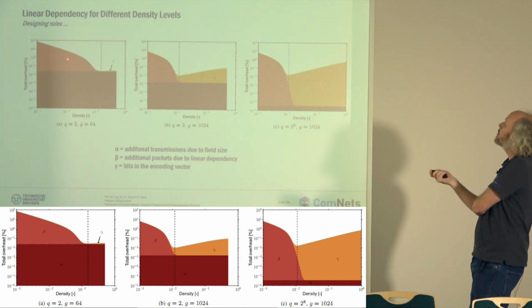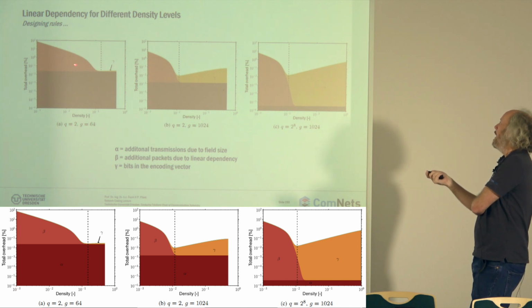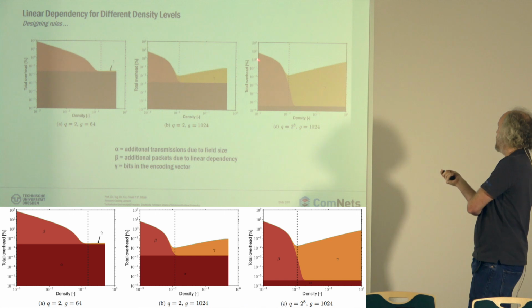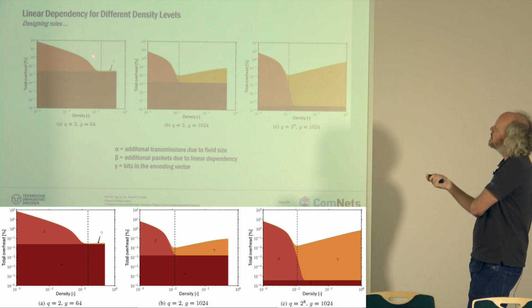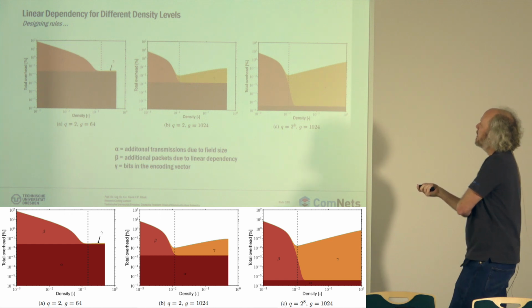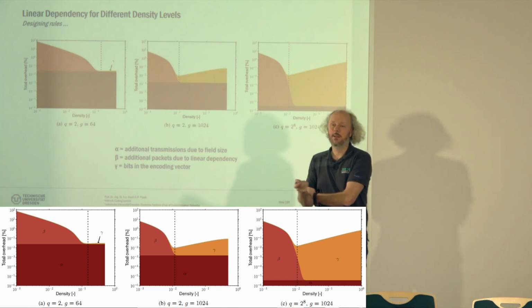Now, then also density plays a role, right? If the density increases, the impact on the overhead is going down, right? It's always the same behavior. But you see also that here is a very interesting point where you bring it down, because the more you go to the left, the more linear dependency you're introducing.